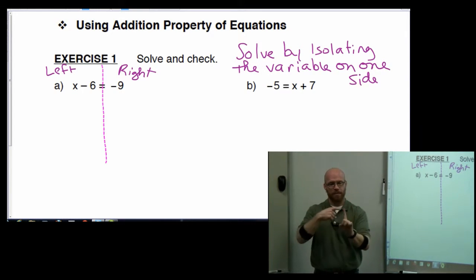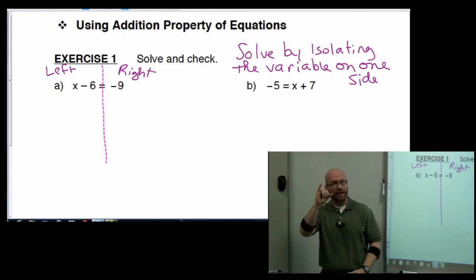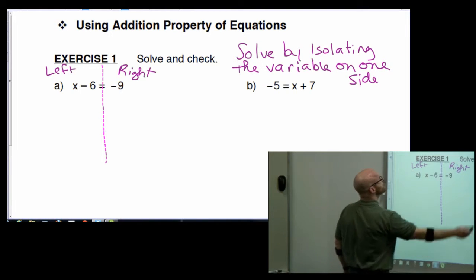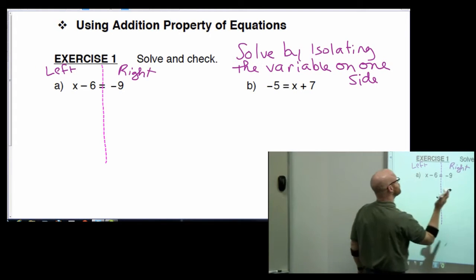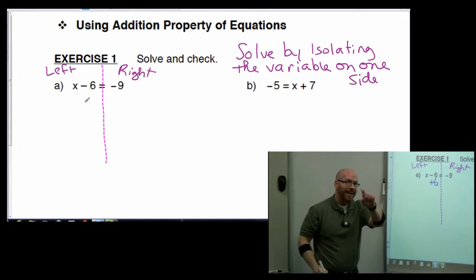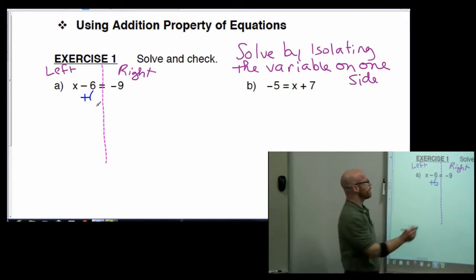That means I want x plus 0. How does negative 6 become 0? Think inverse. What's the opposite? Plus 6. But I have to add it to both sides.